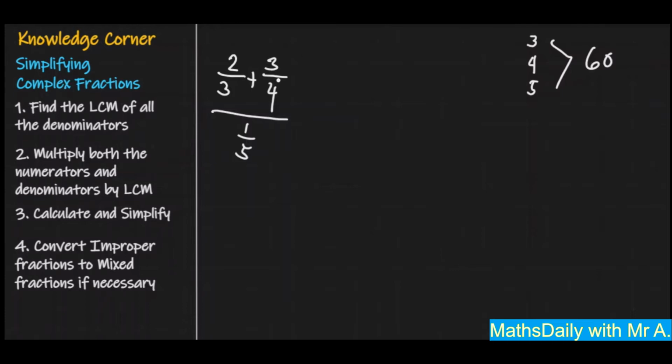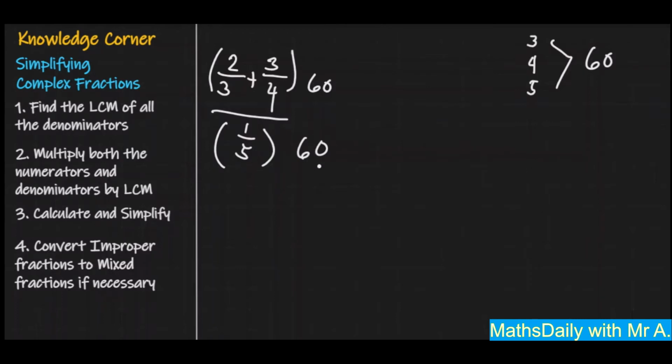To continue, step 2, multiply both the numerators and the denominators by the LCM. So we need to multiply this by 60.